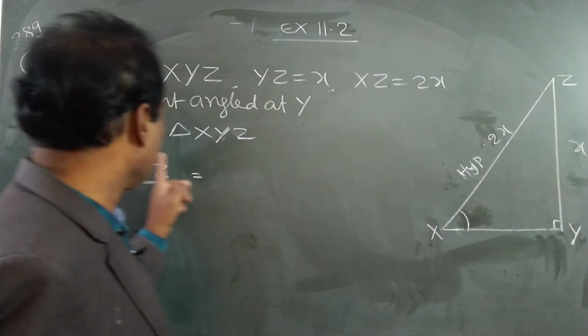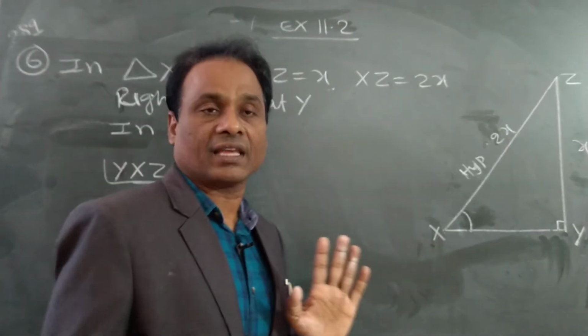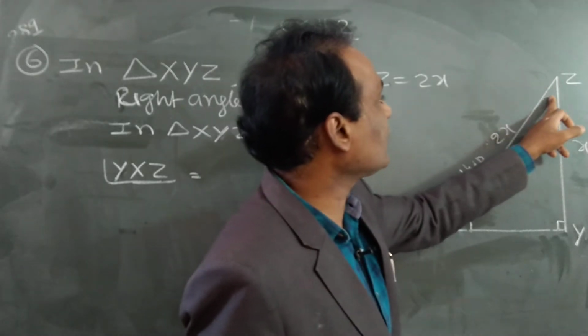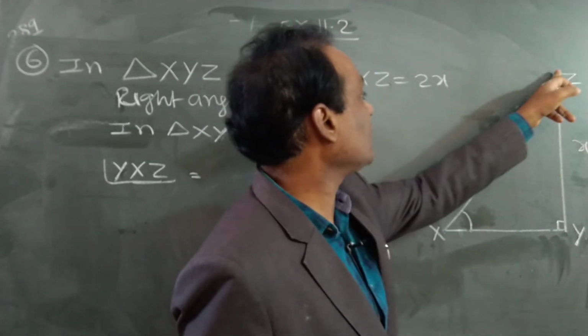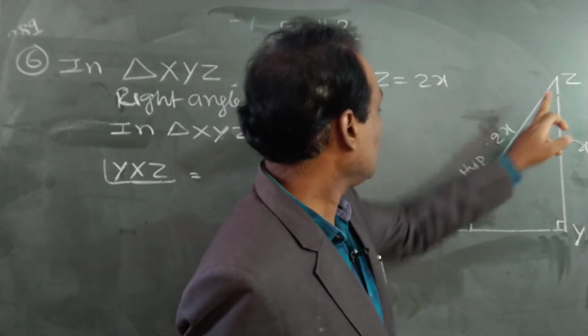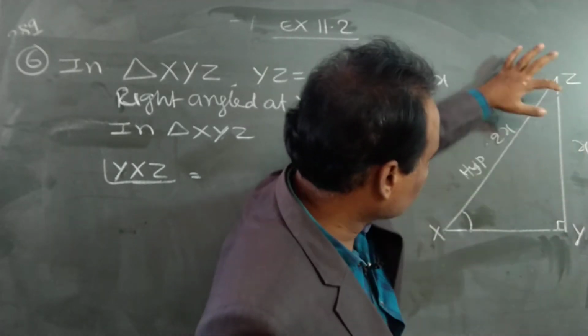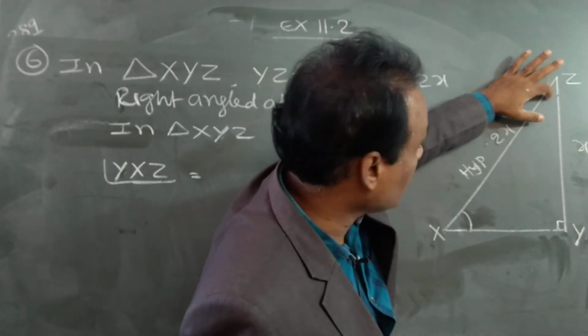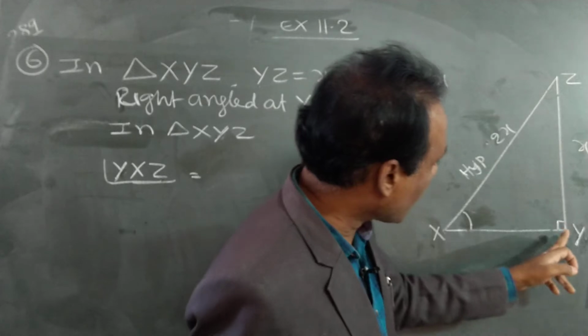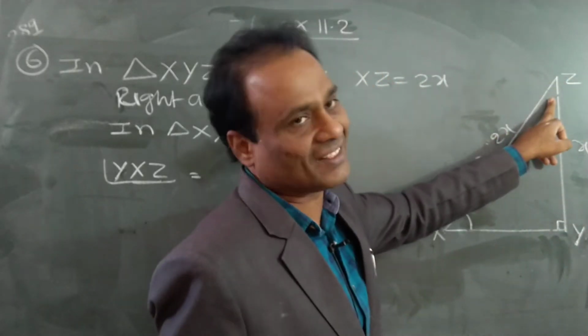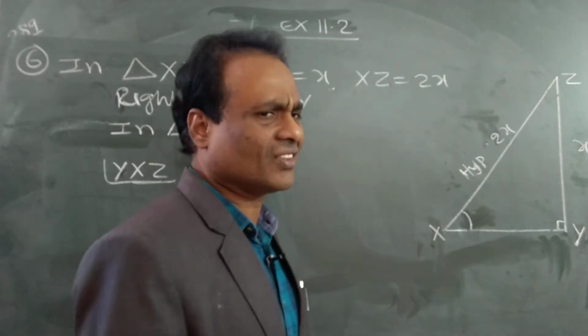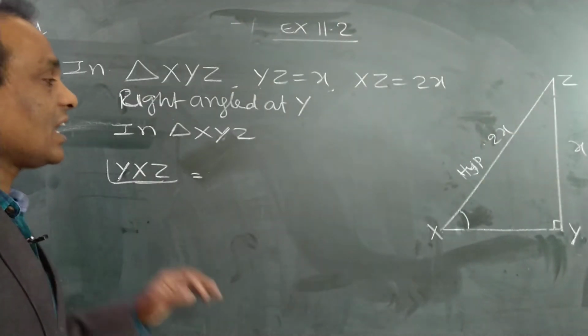The middle one we have to see. Next, we can call this angle XZY or YZX. You studied this in the lower classes. So this angle we have to find.